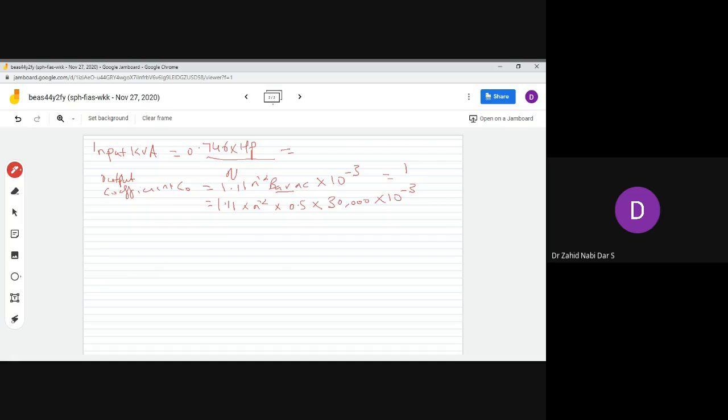Then divided by 0.9. 207.22, sir. 207.2. So basically, I've shown you input kVA is equal to 0.746 into HP, again divided by 0.9. How much are you getting?